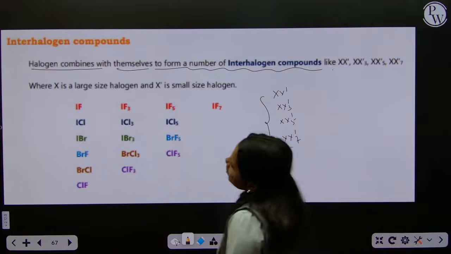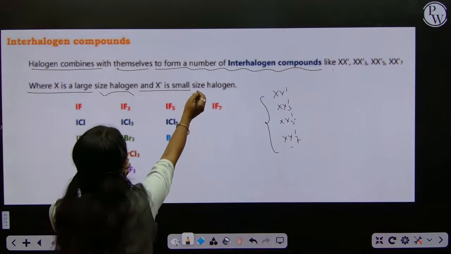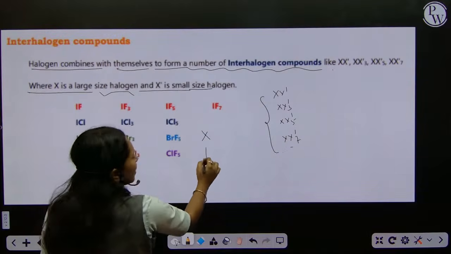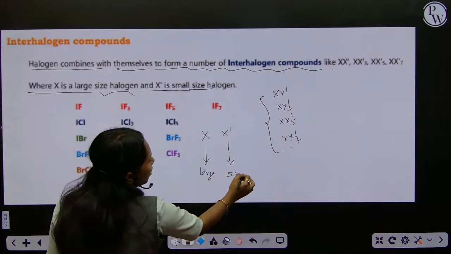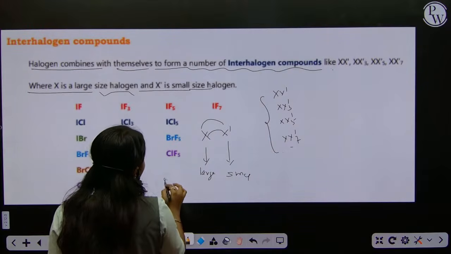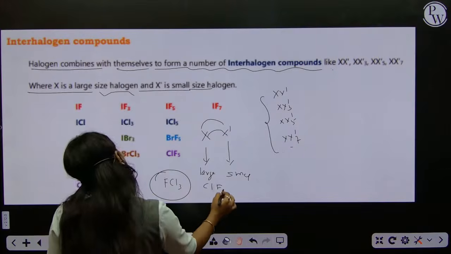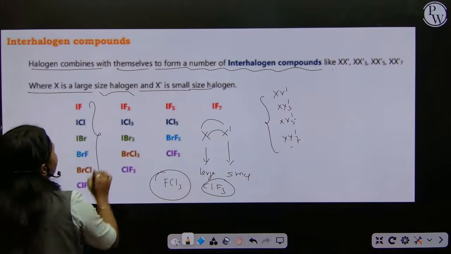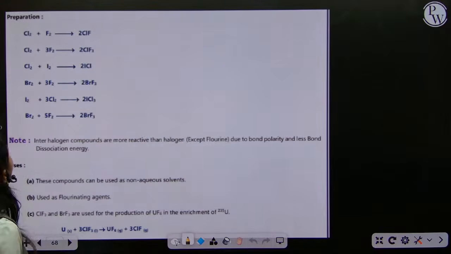Here X is large in size and X' should be small, then only it can hold. For example, you cannot form it like this, right? The answer has to be like this one. These are the interhalogens.